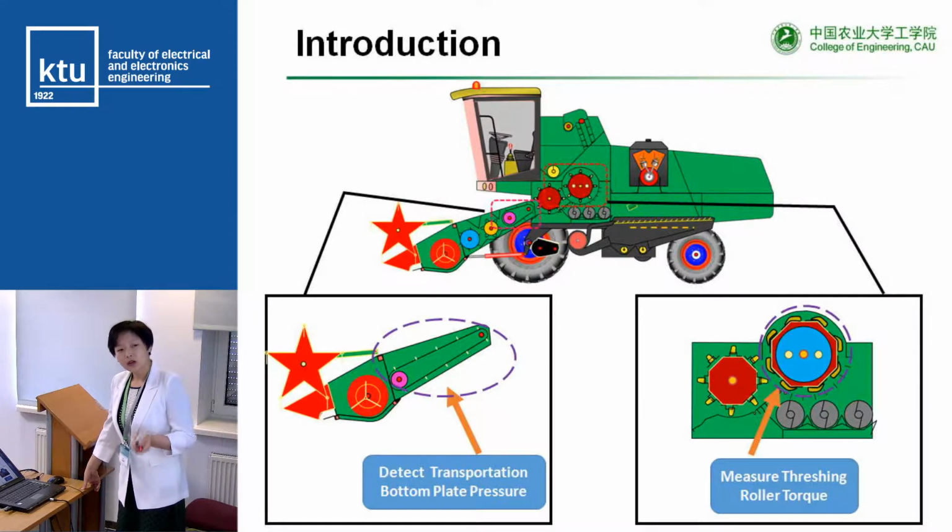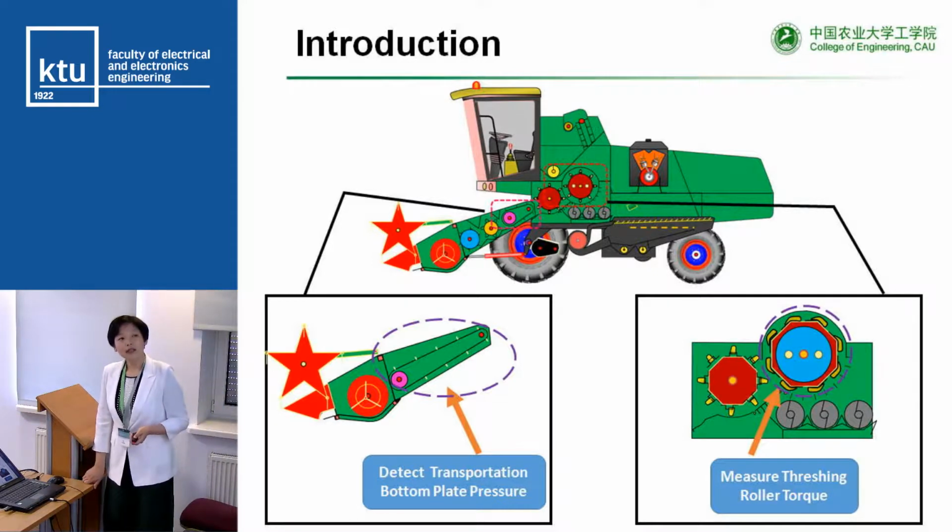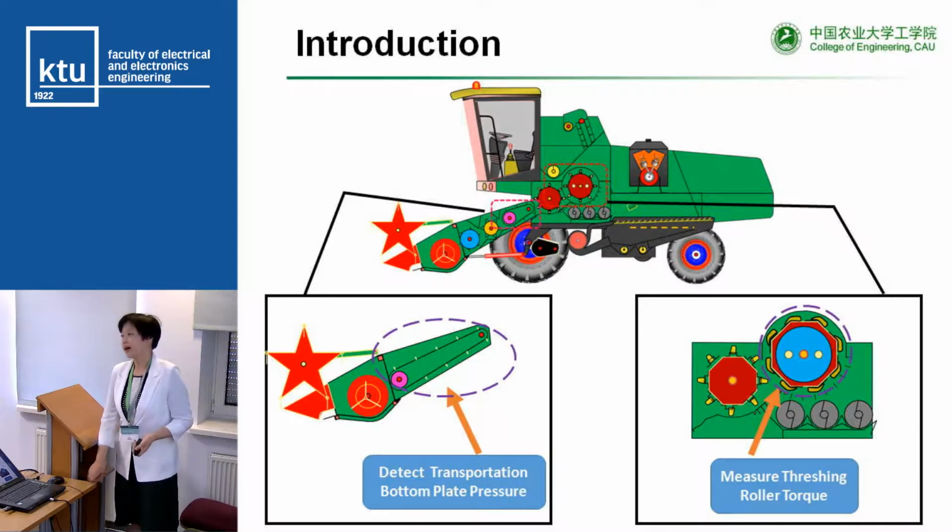These were very popular in the past, but nowadays the combined harvester uses a hydraulic system. So for these parts, they use a hydraulic system to control them, and they don't have a sprocket wheel. So we can't use either of these methods.